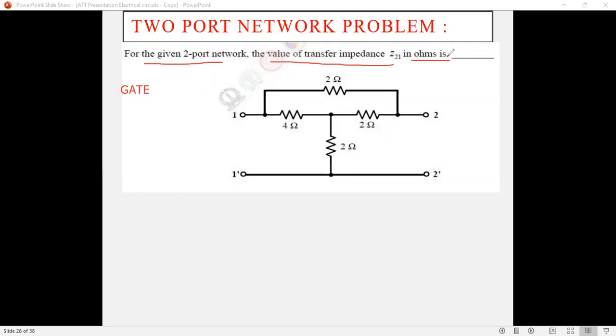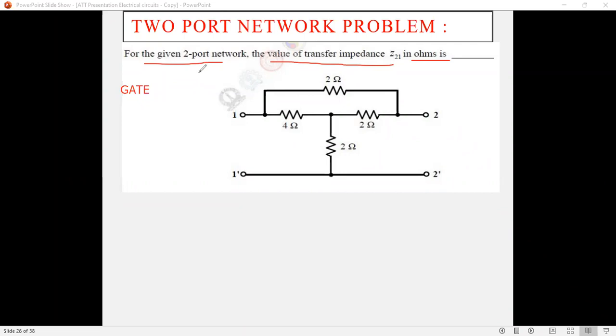We want to calculate the value of Z21 from this given network. If you know the formula, you can calculate the value directly. Otherwise, you will proceed using our previous procedure.